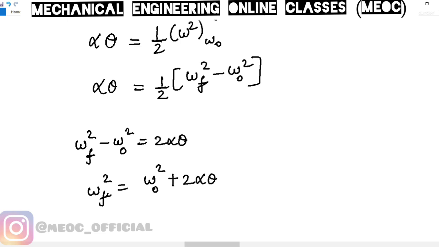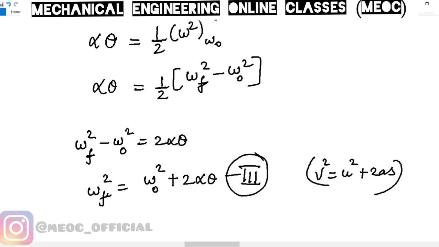So when the motion was linear, we had something like this: v square minus u square is equal to 2as, or v square is equal to u square plus 2as. So just like similar to this, we are getting this third relation. So these are the three relations that the geometry of motion will have when the motion is rotational fixed axis motion with uniform angular acceleration.